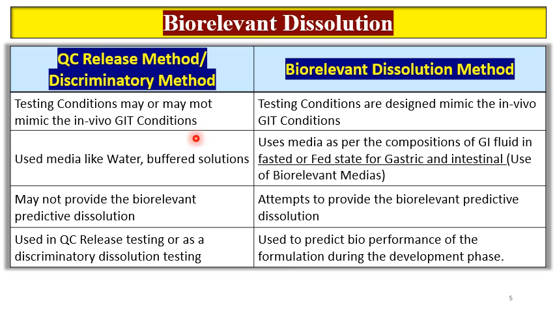Then QC release method may not provide the biorelevant predictive dissolution, whereas biorelevant dissolution method provides the biorelevant predictive dissolution data. QC release testing may be a discriminatory dissolution testing, whereas the biorelevant dissolution method may not be the QC method because the medias are different from the QC method.